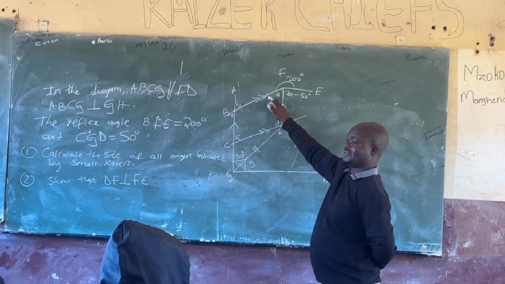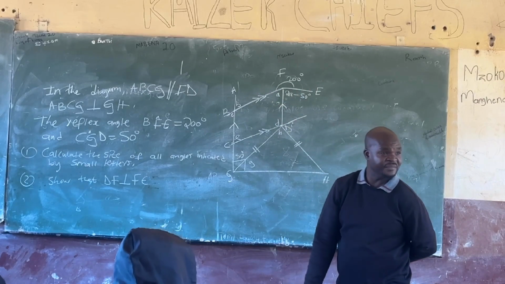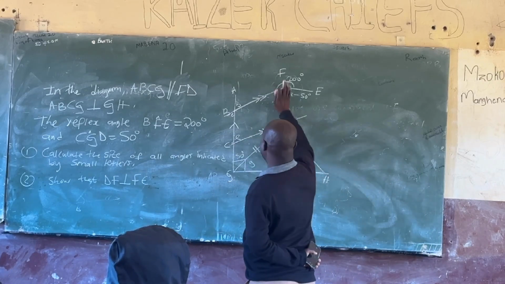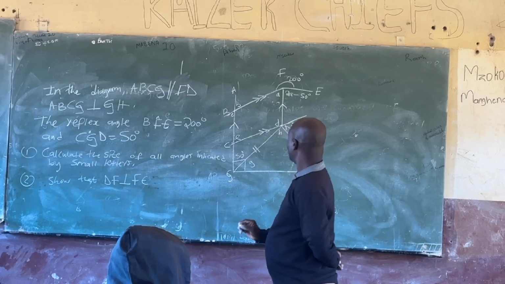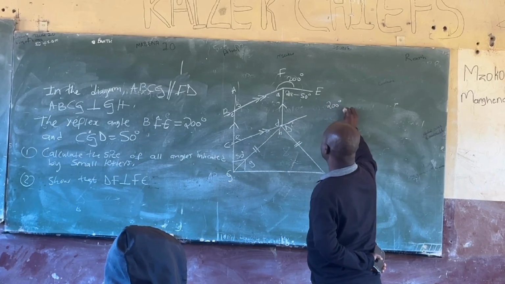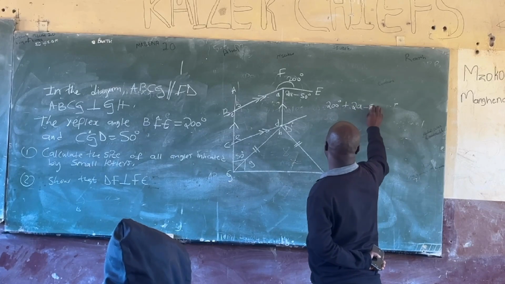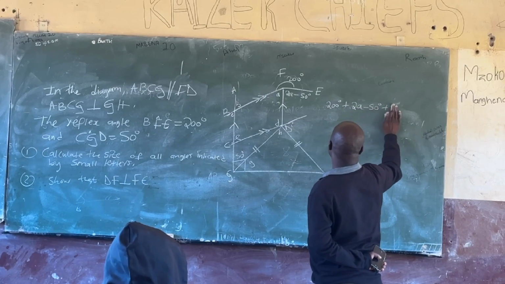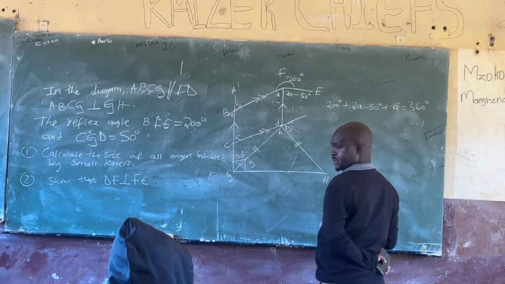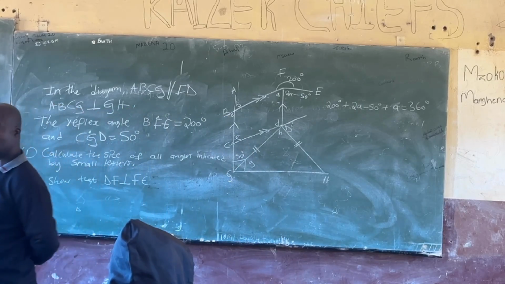All these angles add up to 360. So we have 200 plus 2a minus 50 plus a is equal to 360 degrees. Then we have to solve for a.